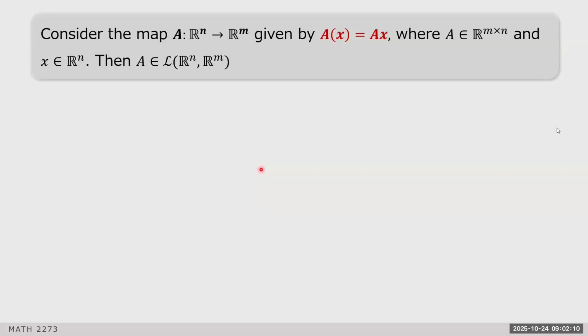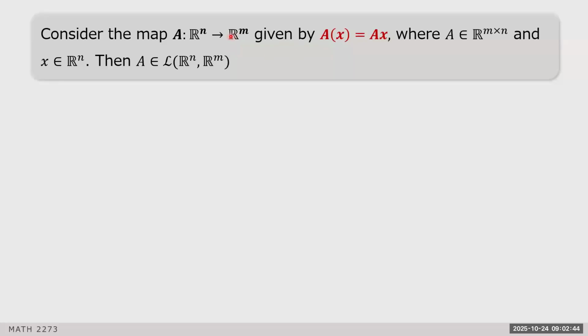So let me first motivate how matrices again enter into our story. If we consider the map A, usually we have a function f, but I want to use the letter A. It's taking a string of n numbers from Rn, and it's outputting a string of m numbers.